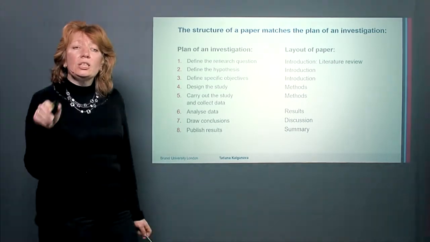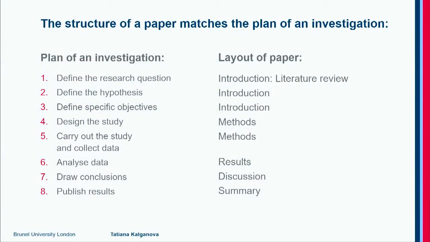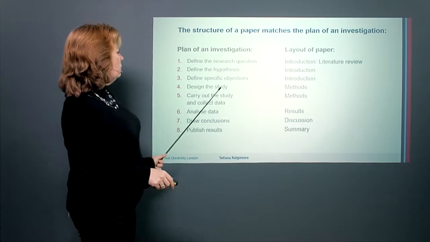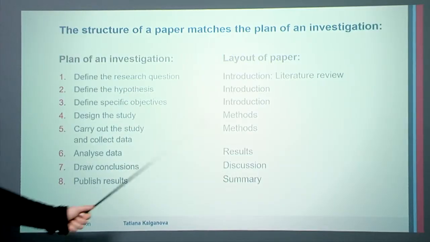Look, when we say that we want to define the research question, the first thing you need to do is a literature review and prove that the research question is actual and necessary. There is novelty in this. You define the hypothesis, and you will write it in the introduction, something that you are planning to do. You define specific objectives, and you will clearly state them in the introduction. Design the study, carry out the study, collect the data.